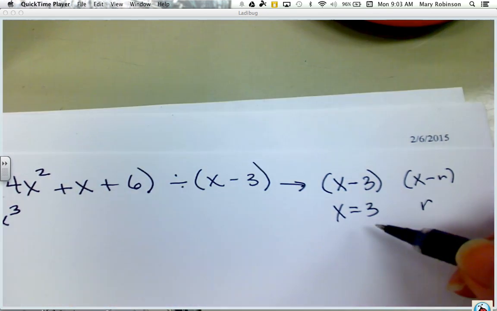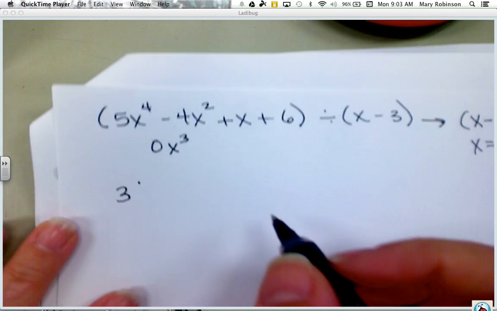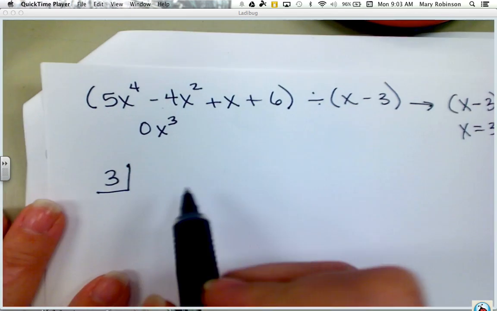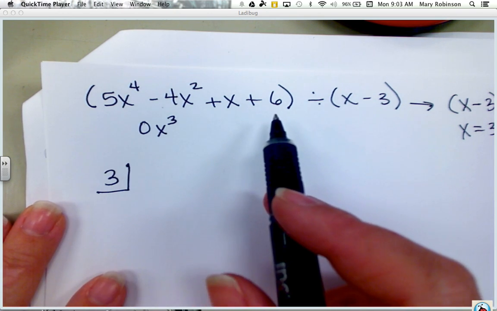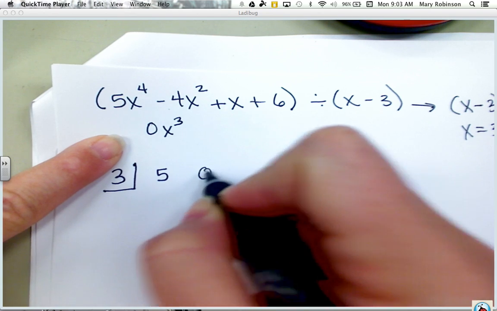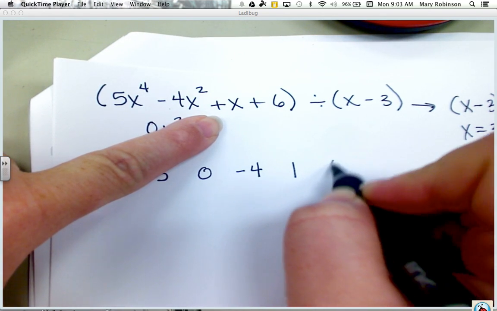You're just going to switch it. Since this is a positive 3, I'm going to put 3 up here in a little box. Then I'm going to list all of the coefficients of the polynomial that is the dividend. It starts off with 5, then 0, then negative 4, then 1, then negative 6.